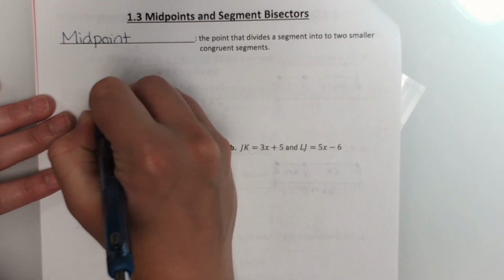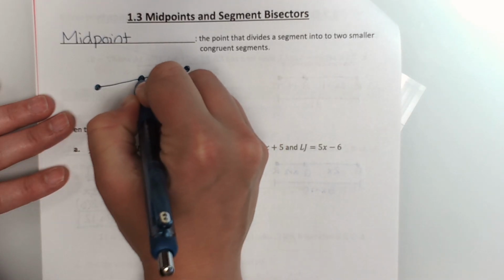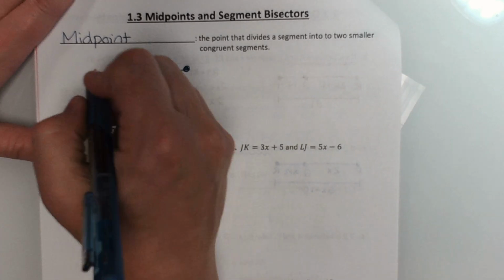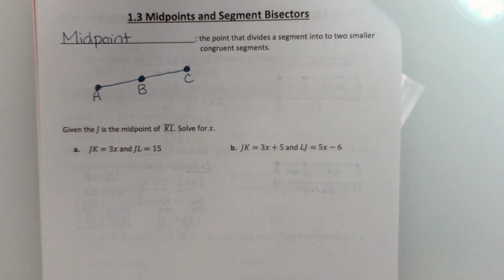Now, when we talk about midpoint, we're talking a little bit more specific than just in between. Right now, the way that I have drawn this picture, I have one point that is in between the other two. Specifically, if I label them, B is between A and C. Now, you can look at this picture and you could say, well, it looks like it's in the exact middle.